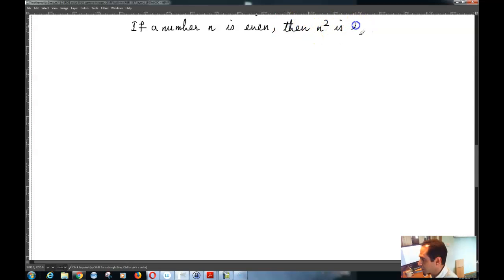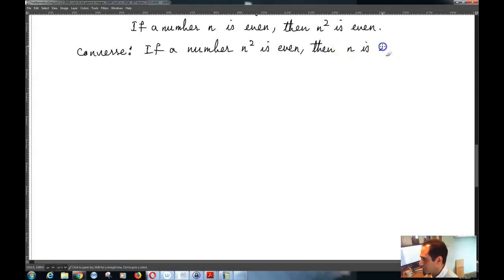The converse of this would be: if a number n squared is even, then n is even.